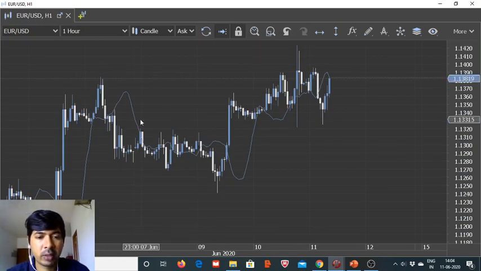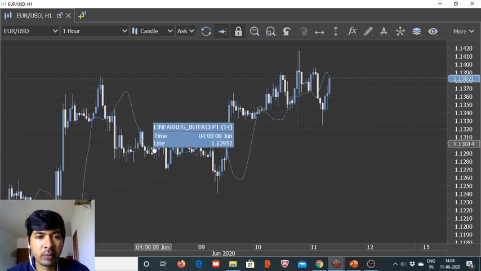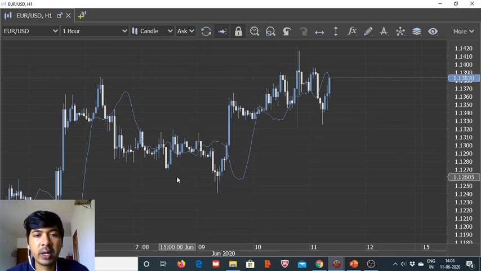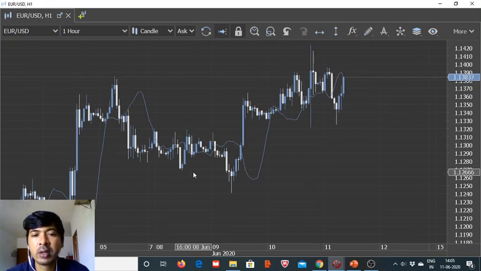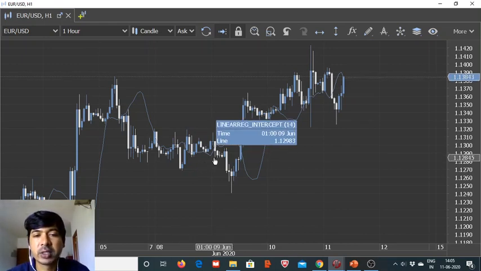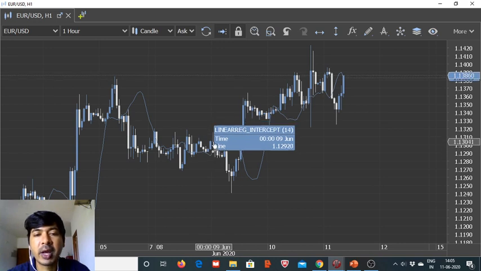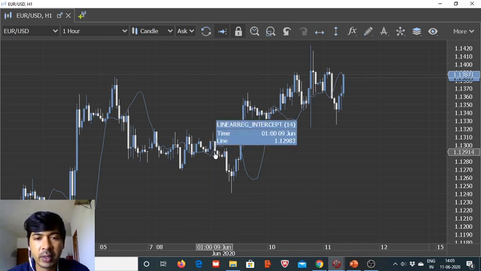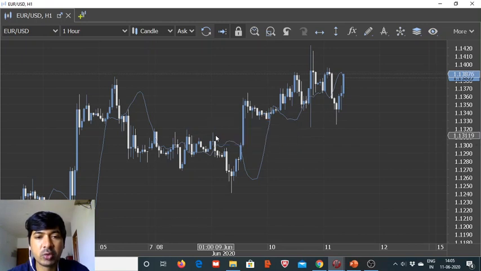So now let us look at 8 June, 13 GMT. So the time is somewhere here, and as I said, we need to look for the combination of 5 hours where the last candle close is below the linear regression intercept, whereas the prior 4 hourly candles have closed above the linear regression intercept. So somewhere here, the conditions would be fulfilled, that is 1 GMT of 9 June.